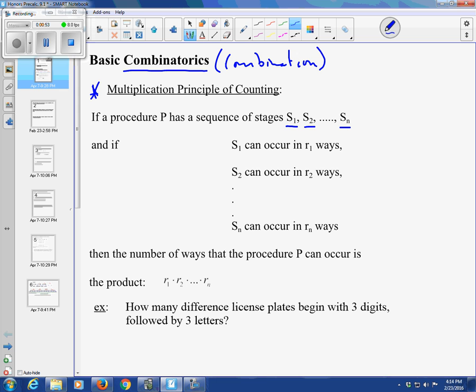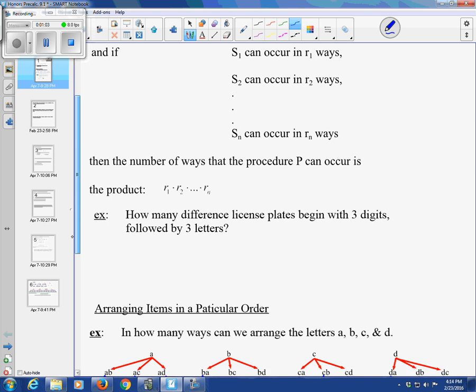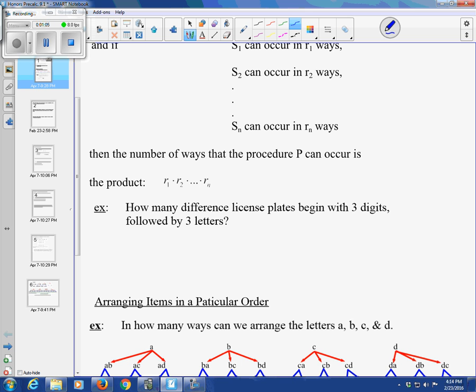And if S1 can occur in R1 ways, S2 can occur in R2 ways, all the way down to Sn occurring in Rn ways, then the number of ways that the process P can occur is the product of the number of ways that each stage can happen. So R1 times R2 all the way out to times Rn.